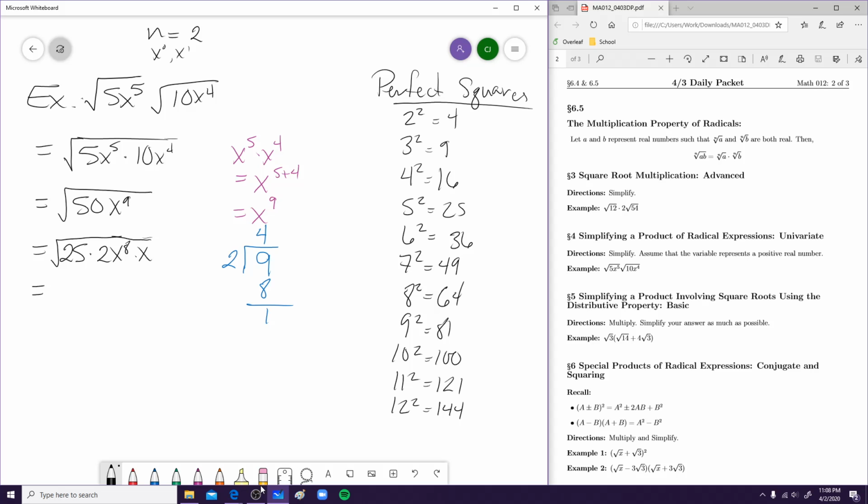So now I'm going to use the multiplication property again, but instead of combining, I'm going to split them up. And I'm going to split it up with the perfect squares and then the non-perfect squares. So I have the square root of 25x to the 8th times the square root of 2x.